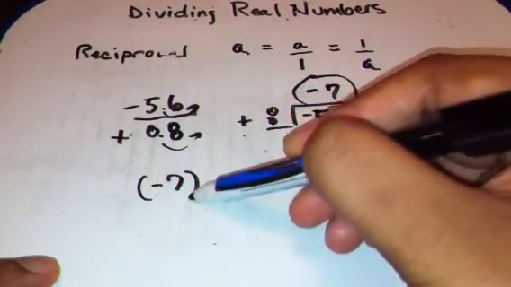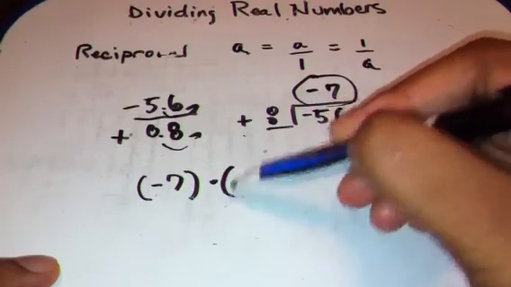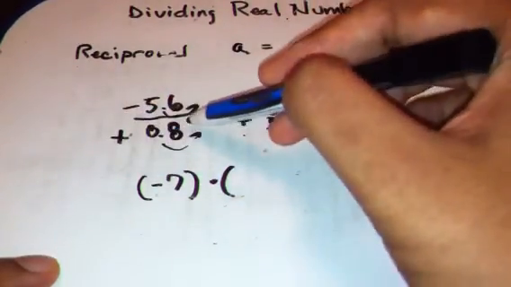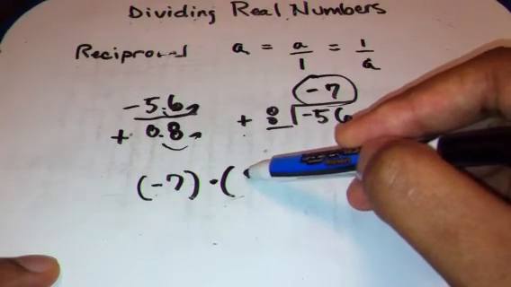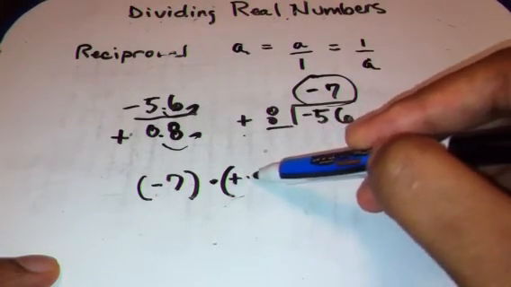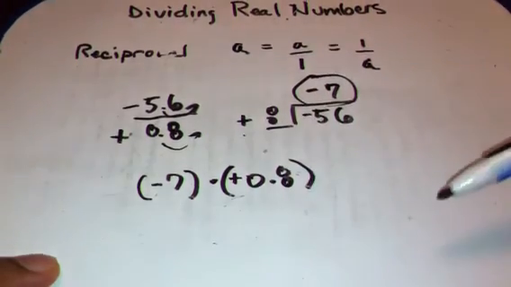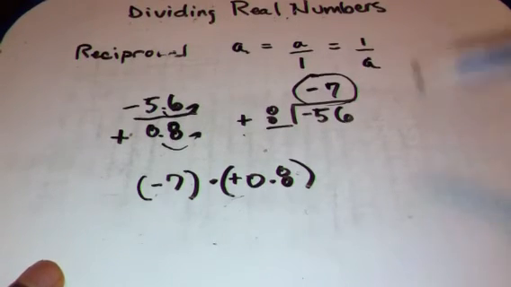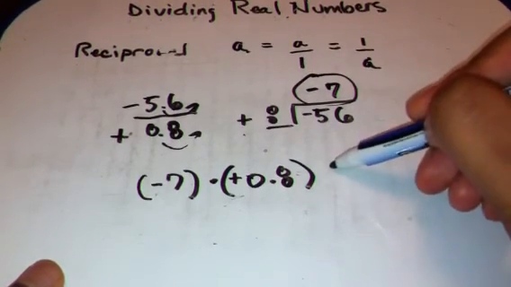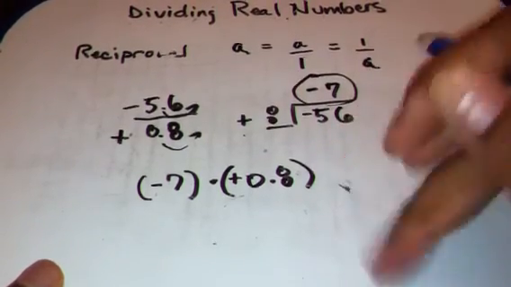Our quotient, or our answer, was negative 7, so you multiply that times the divisor that was in the bottom over here, 0.8. It was a positive 0.8. And a negative 7 times a positive 0.8 is a negative 5.6.